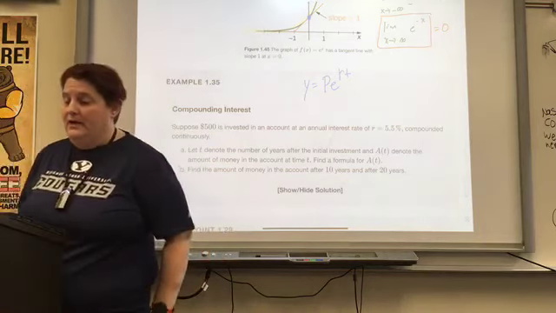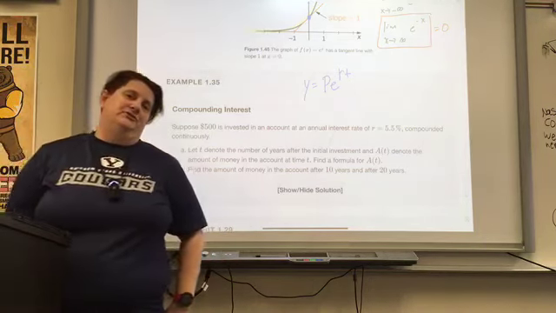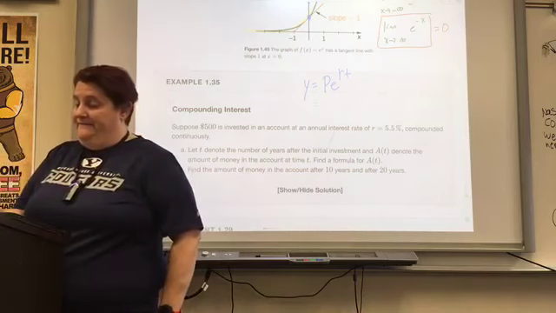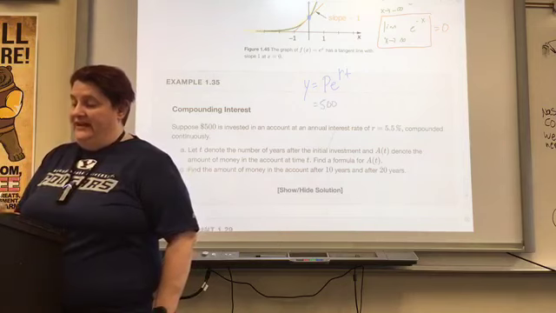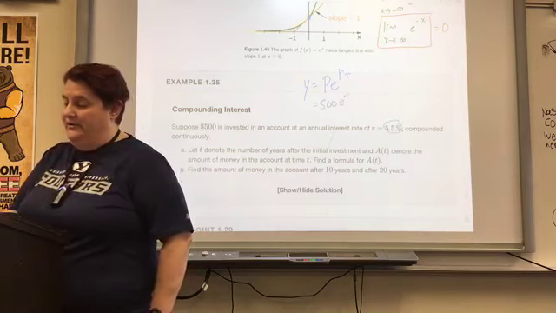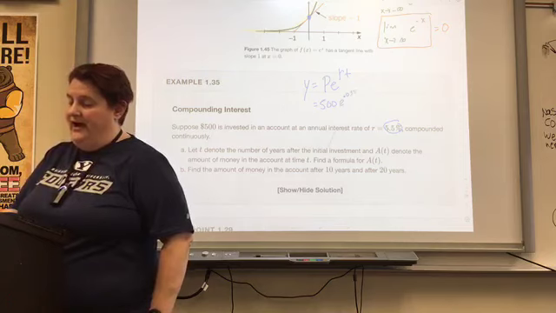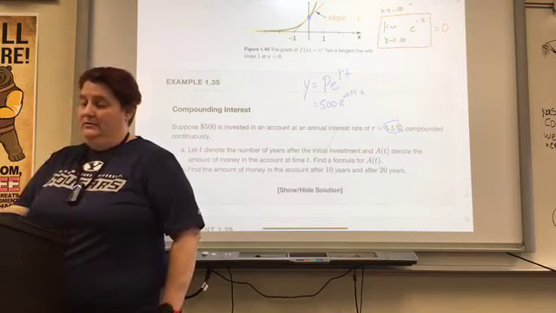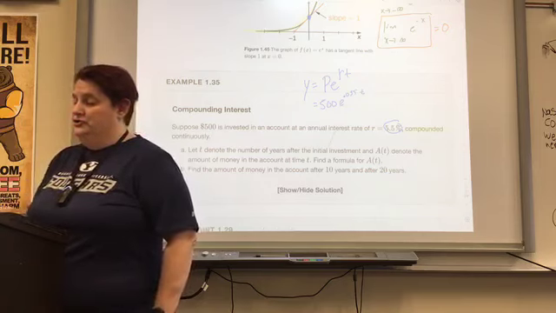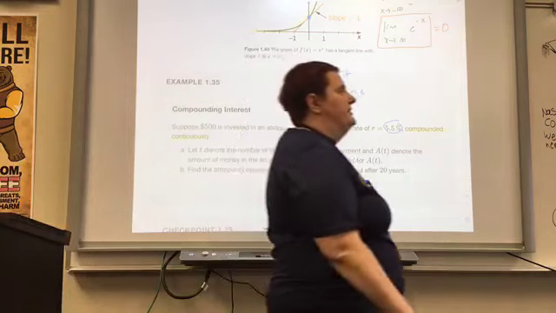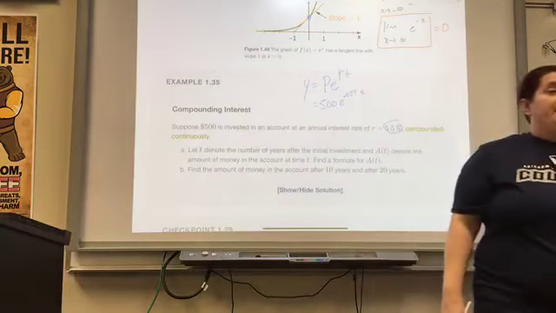This is not a calculus question. This is an algebra question. I probably could have done this last year. 500 is invested in an account at an annual rate of 5.5%, that's 0.055 times time. Compounded continuously is like I was just saying.